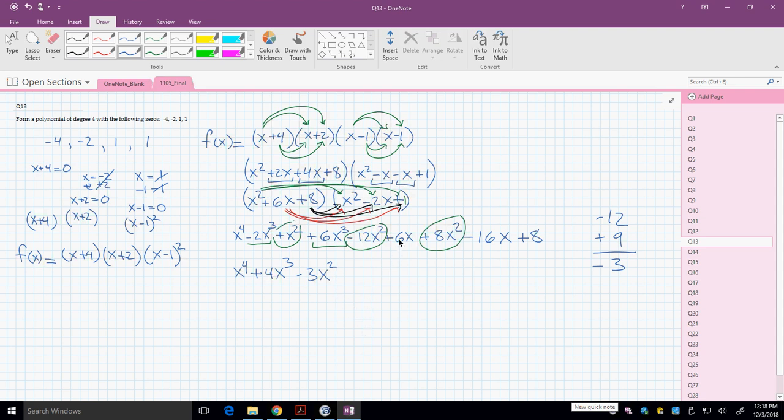And then my single x's, I have this one and this one. So I'm going to combine them, different signs. Subtract, keep the sign of the largest number. It's going to be a negative 10x, and this one is only a constant, so it's going to be plus 8. And that is my function.